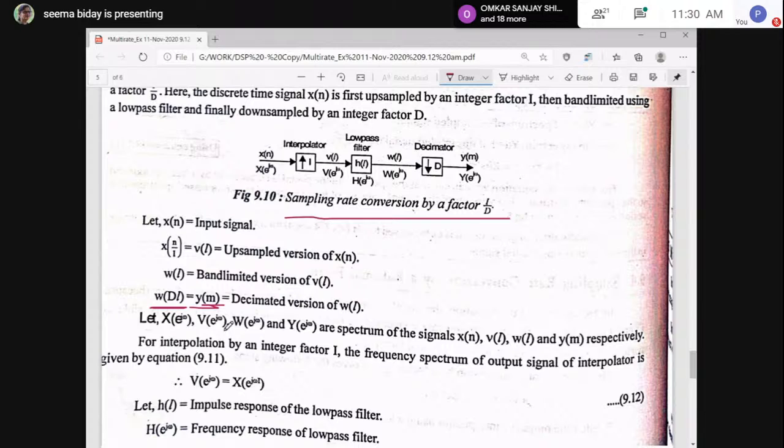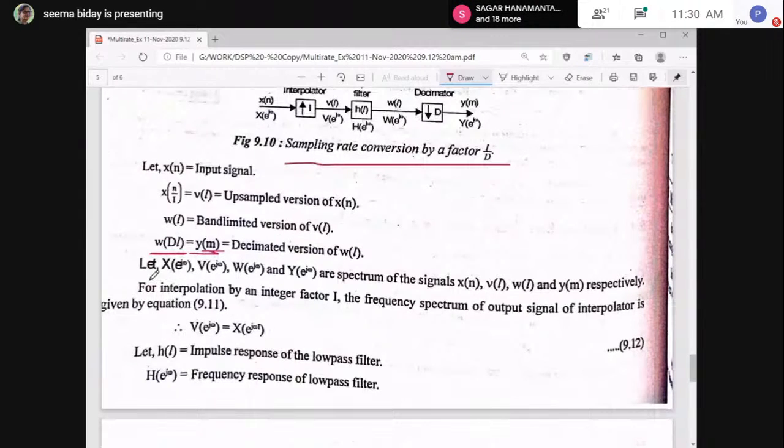This is the answer. Now let us see what happens if you take the Fourier transform of the input, then the output. All these are spectrums, right? The spectrum of a signal means you take the Fourier transform and represent it by capital X of e to the power j omega, or simply capital X of omega.